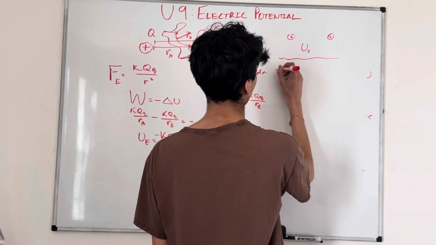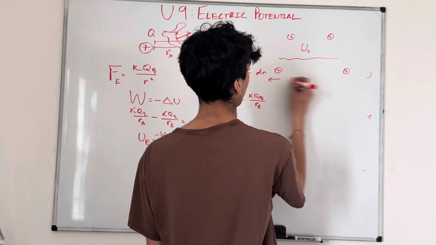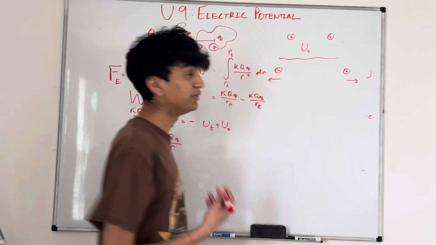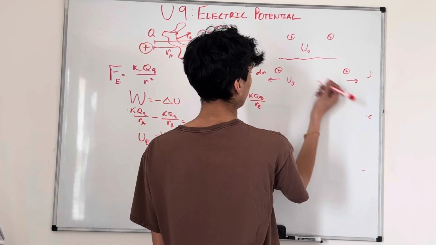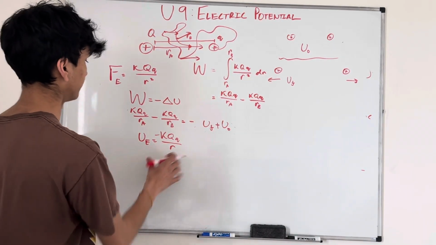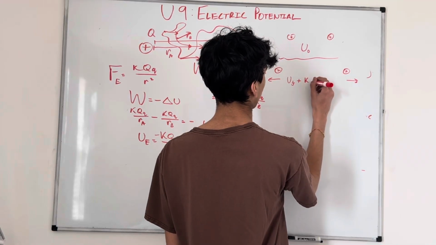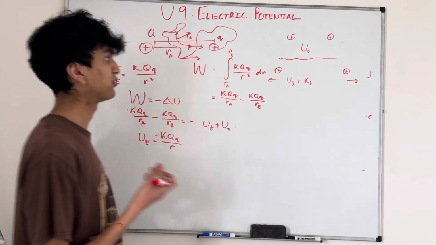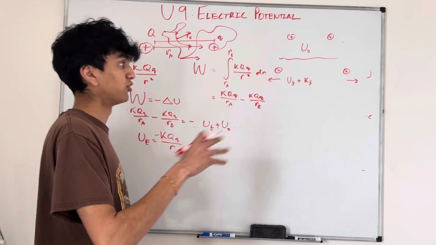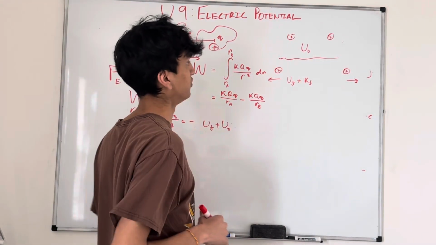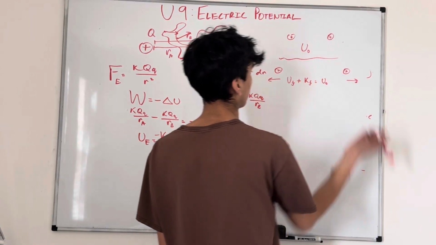Then if they go far, far away, the energy being stored is just U final, whatever you calculate using this equation, plus the kinetic energies for each of them. By conservation of energy, no work is being done on the system of these two charges, so you could set the initial quantity equal to the final and solve for whatever you need.